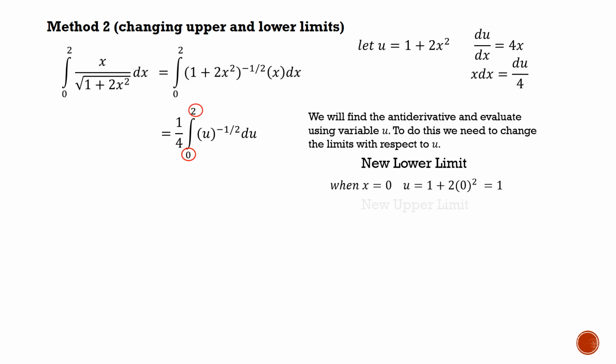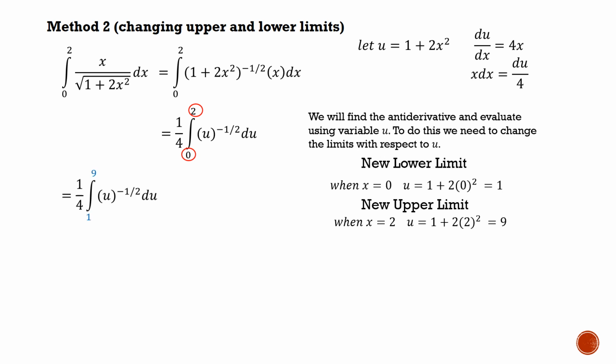My upper limit 2, I need to find a new upper limit. So when x equals 2, I replace 2 into my u equation, and I get 1 plus 2 times 2 squared, which is 9. So now what happens is, because I'm anti-differentiating with respect to u, and because I have upper and lower limits, I'm now changing those upper and lower limits with respect to u instead.